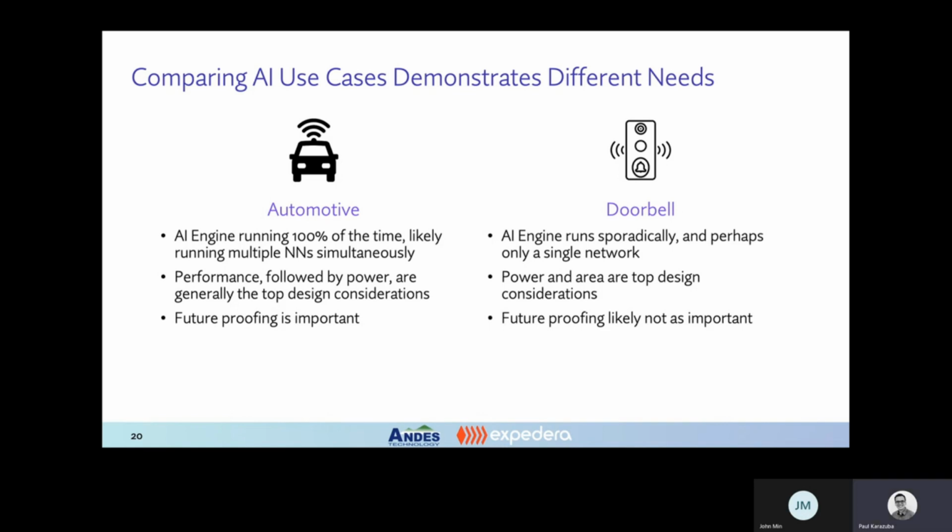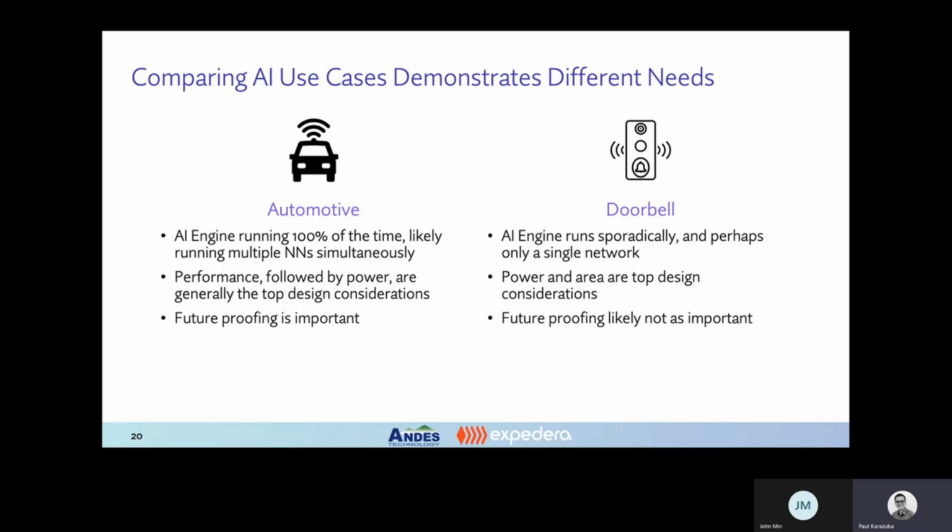So let's compare a couple of AI use cases which demonstrate different needs. Let's use perhaps two very different ends of the spectrum. An automotive-based AI use case, which might be for something like ADAS or self-driving, coupled with a doorbell-based use case.